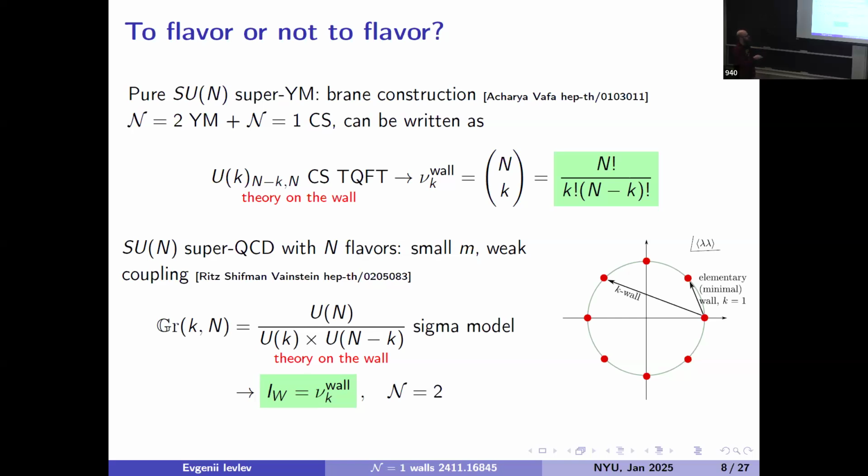They found that there are multiple domain walls interpolating between any fixed pair of vacua. They derived the domain wall multiplicity, and moreover, they derived the effective theory on these domain walls. It turns out it's Chern-Simons topological quantum field theory.